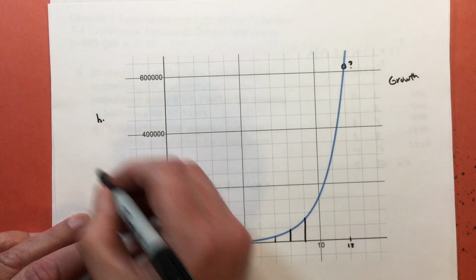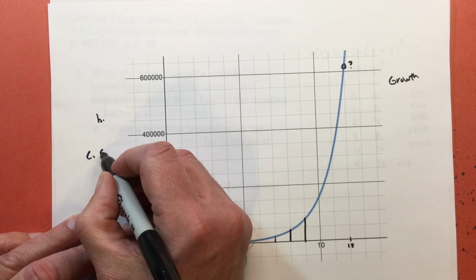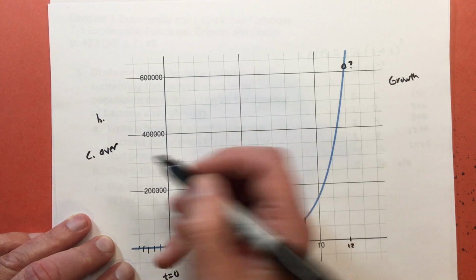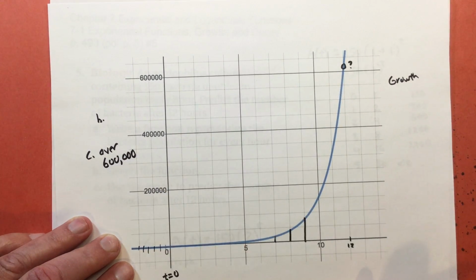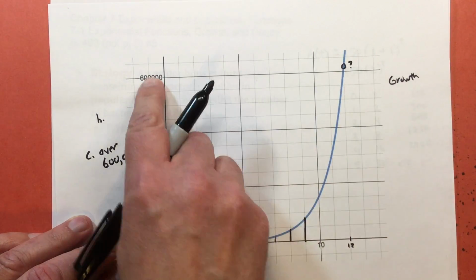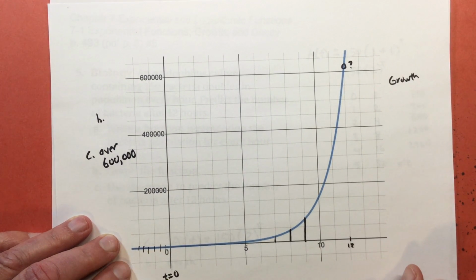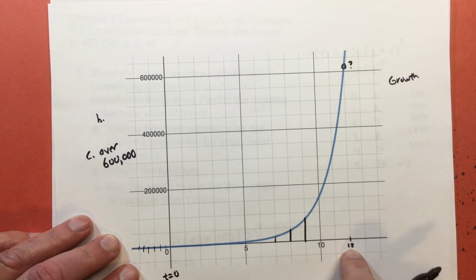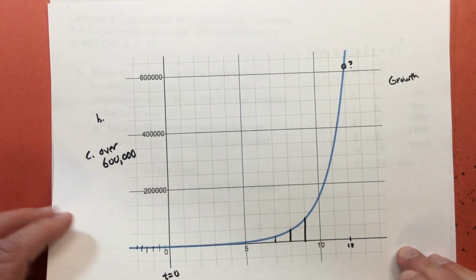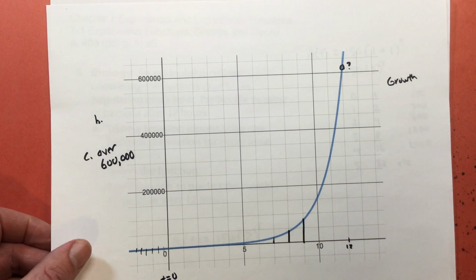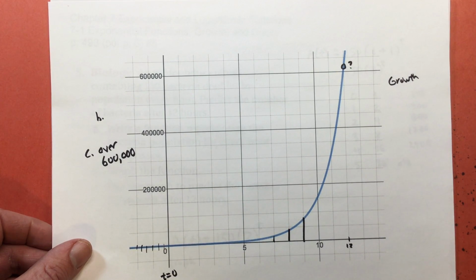For part C, it's going to be, because it's kind of hard to tell, 600,000, because that's a little bit over that. And if I was doing this with Desmos electronically, I would do x equals 12, make a vertical line, and find where the intersection is, which is how that works. So, if you got nothing else out of this, just remember to brush your teeth 2 or 3 times a day.